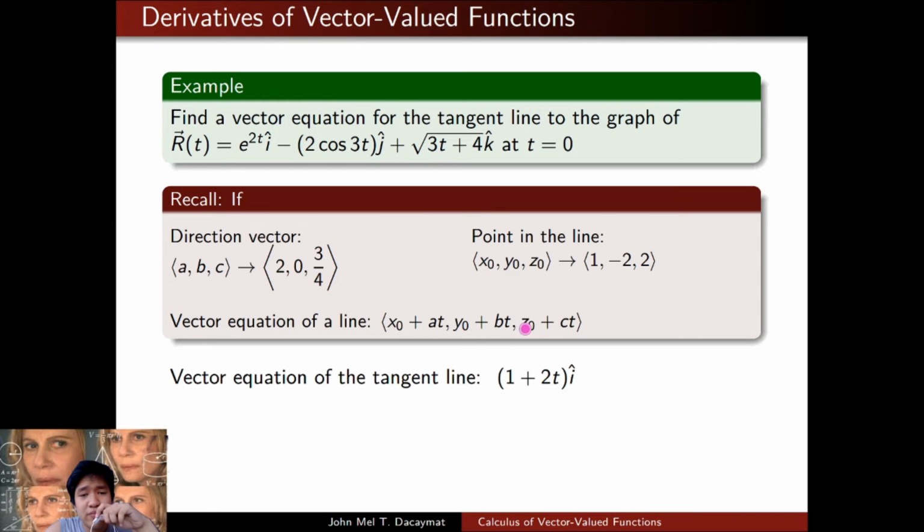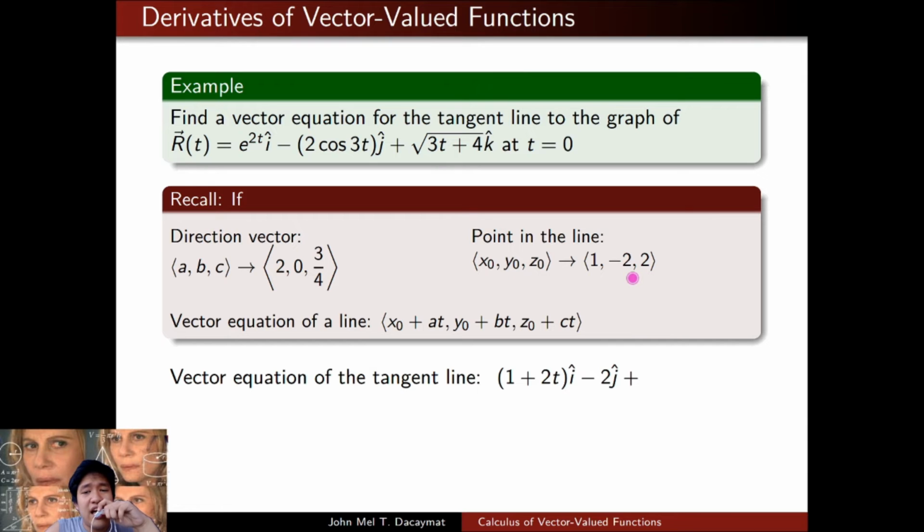Second component is negative 2 plus 0t, so that's negative 2.